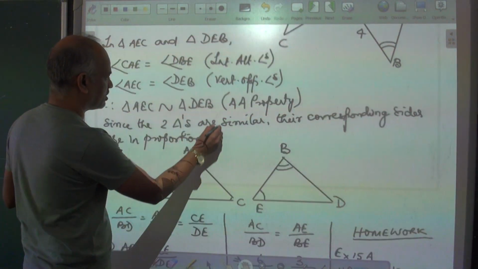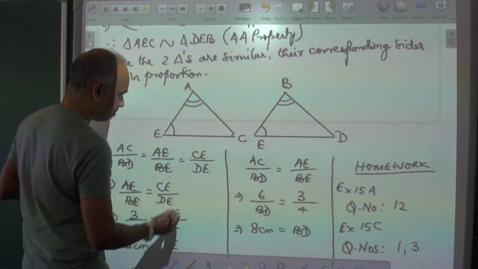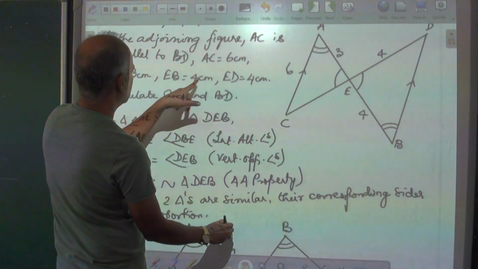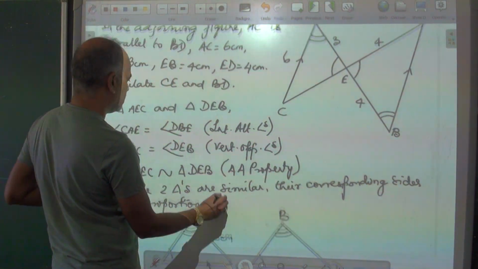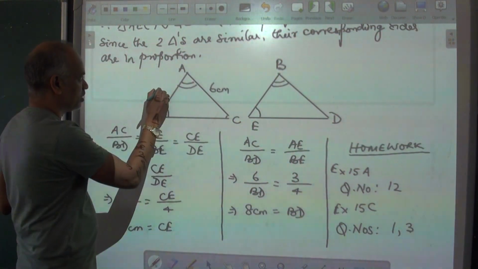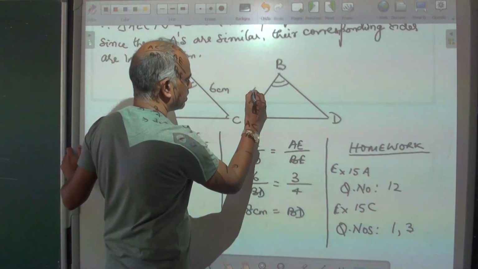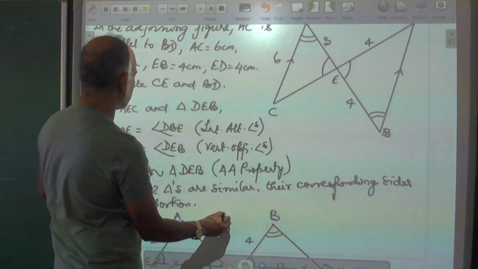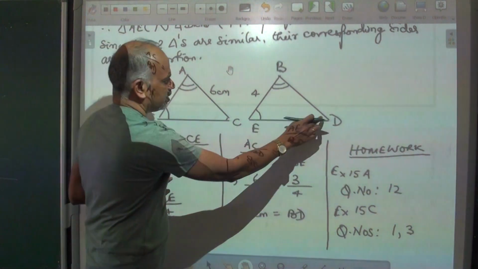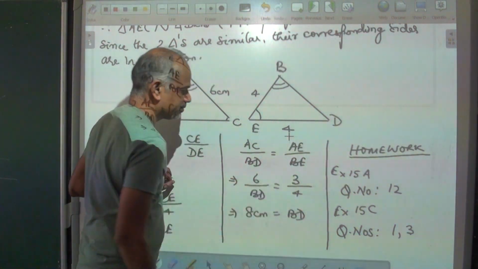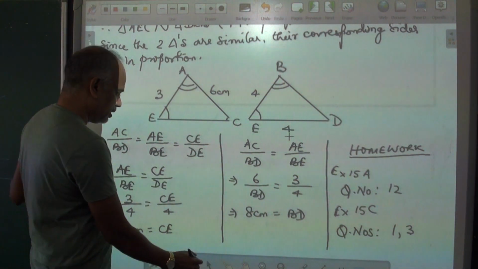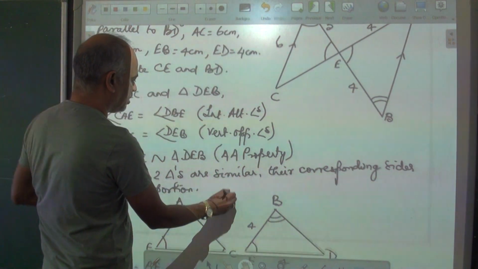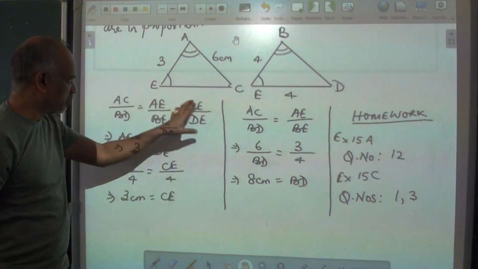AC is 6 centimeter. Then AE is 3, EB is 4, and ED is also 4. The first question is you have to find CE. We will come to BD later. Now, let's go to this proportionality.